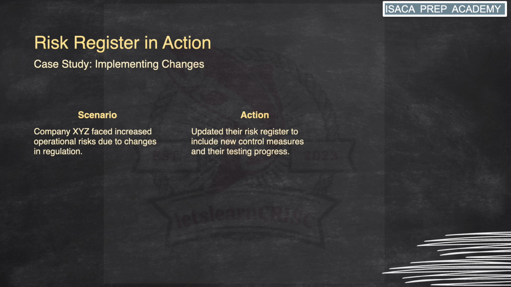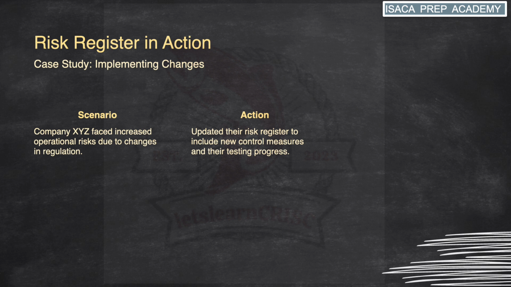Overall, friends, this action supports company XYZ in effectively managing and mitigating risk, thereby safeguarding the organization's assets, reputation, and long-term success.